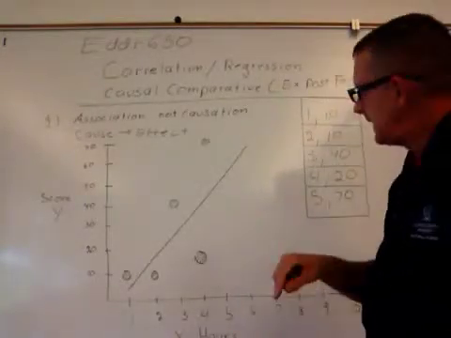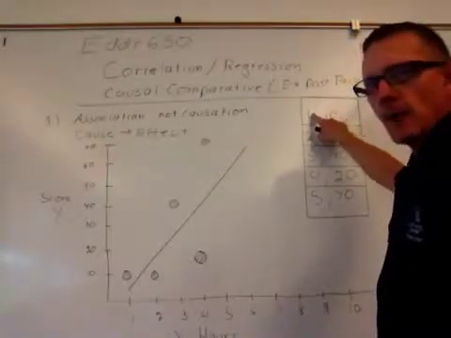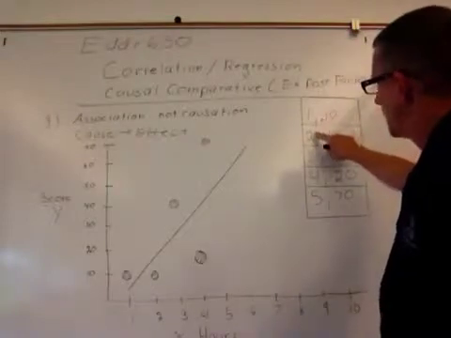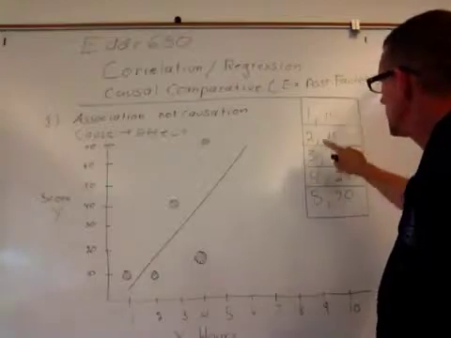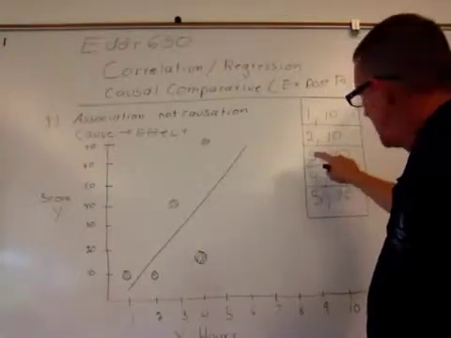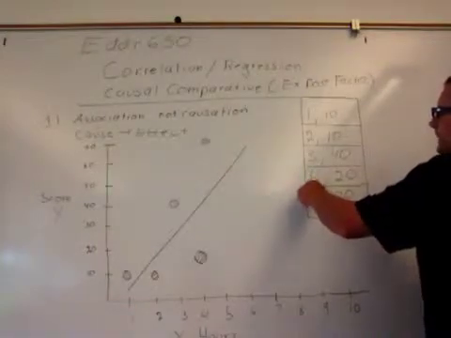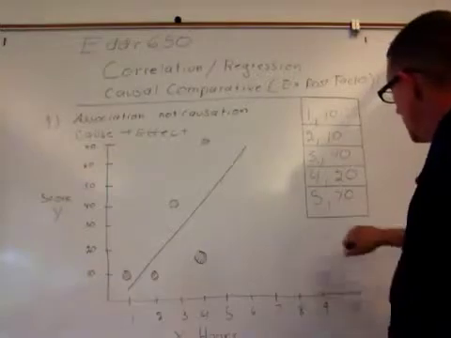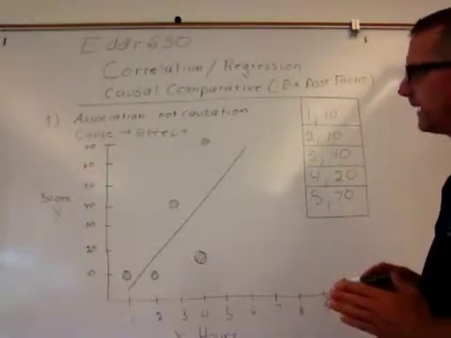We gathered our data and found that a certain person studied 1 hour a day and got 10 on the calculus test. Another person studied 2 hours a day, and got 10. Another studied 3 hours a day, and got 40. Another studied 4 hours a day and got 20. 5 hours a day, and someone got 70. So there's your sample of bivariate data pairs.